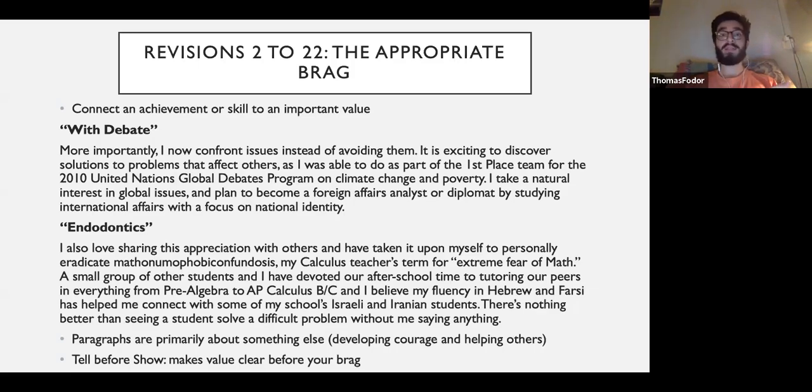In the second, that paragraph is all about helping others overcome their fear of math. And the author was able to do this through his skills of speaking these multiple languages. Again, paragraphs are primarily about something else, and then they include the achievement along with that.